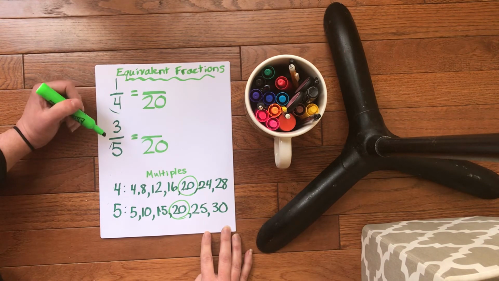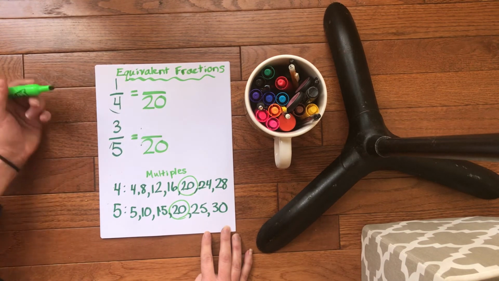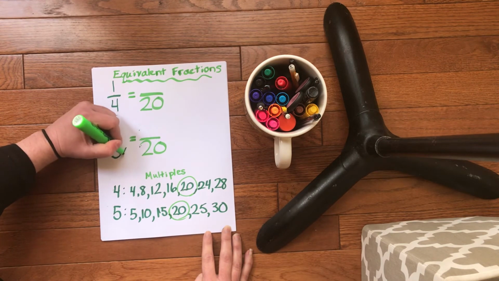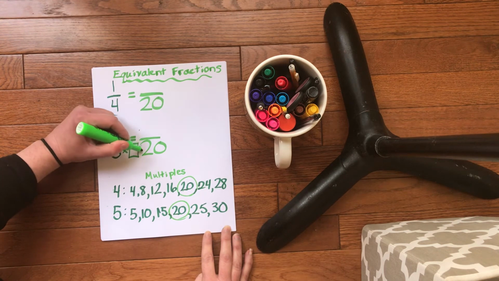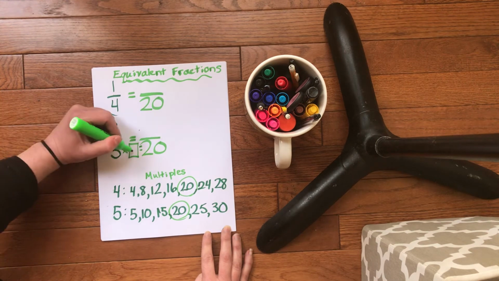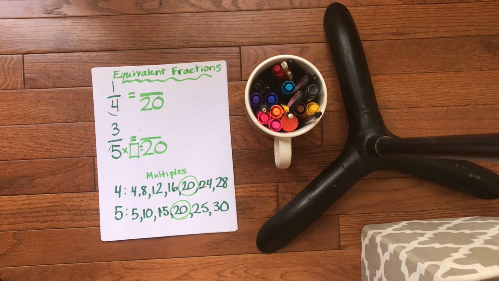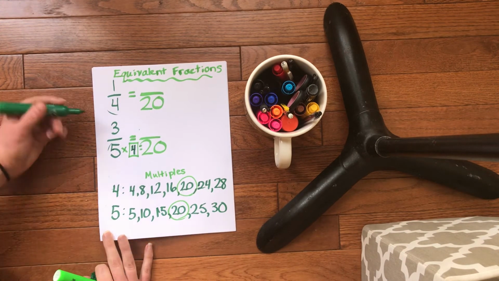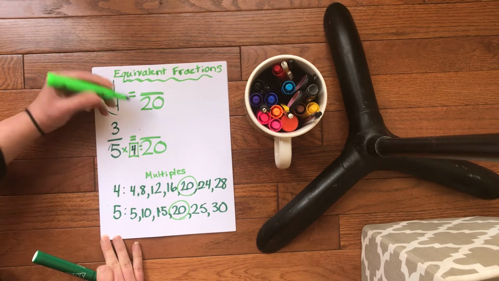So take a look at this. We have to keep in mind, in fractions, you don't ever stop. What you do to the bottom, you do to the top. So we did something to get from 5 to 20. We multiplied 5 by something. 5 times what equals 20? It's 4. 5 times 4 equals 20. So we multiplied times 4.